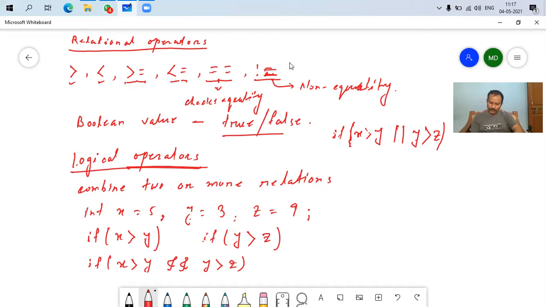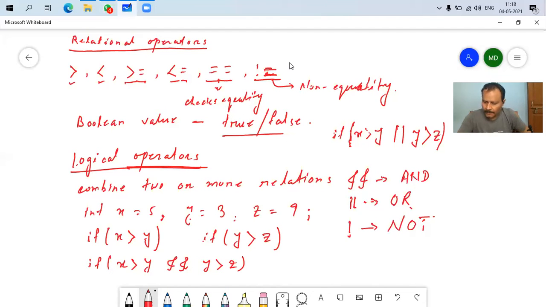So for one logical operator, we read it as and, then we read it as or, and the last one, the exclamation mark, we read it as not. These three are the logical operators, and they can be used for performing various logical operations.